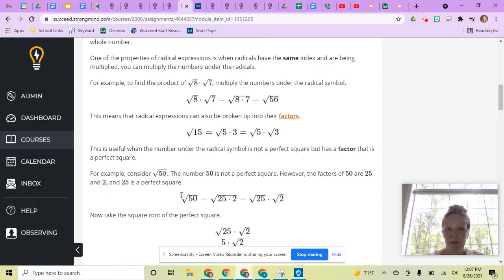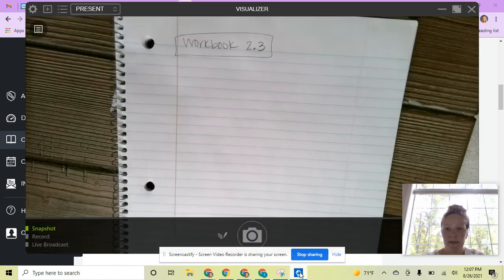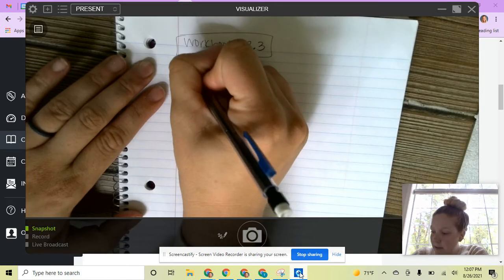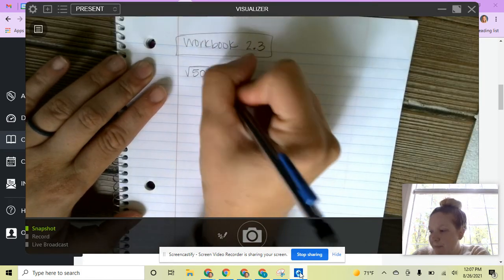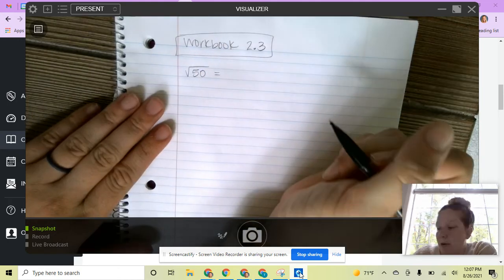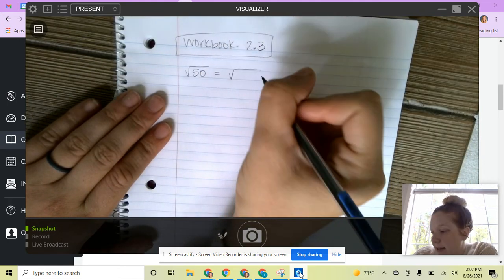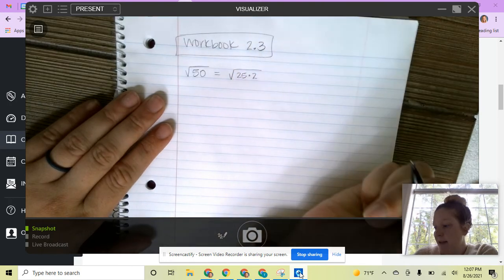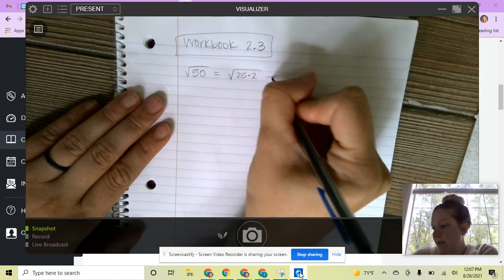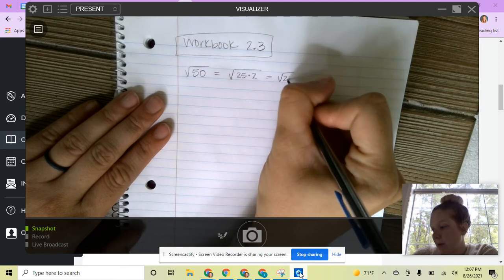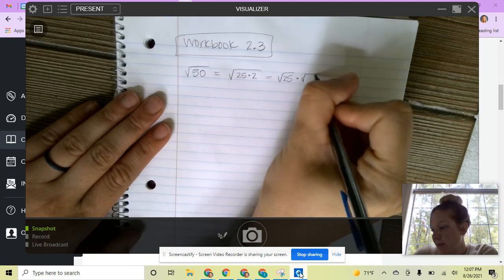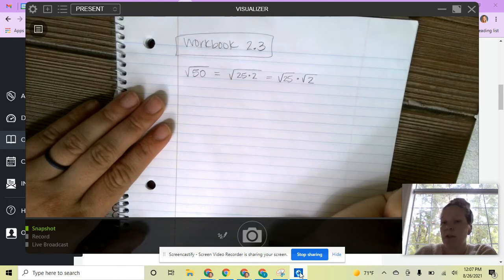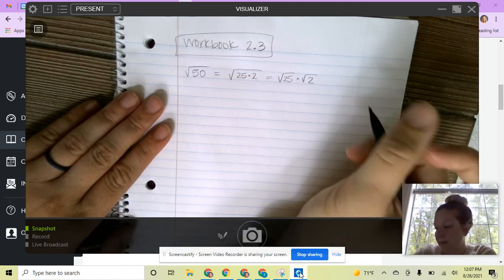Okay, so we're going to write this one in our notes, the square root of 50. Go ahead and write this down and do this with me. What you can do is break it up inside here as 25 times 2. And then you can actually break the radical. So the square root of 25 times the square root of 2. These are all okay steps to do.